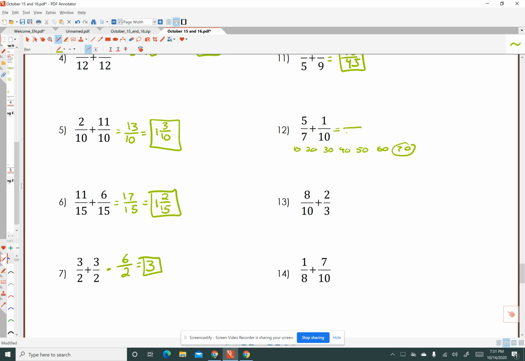So if 7 times 10 is 70, 5 times 10 is 50, plus, and we need 70, so we multiply 10 times 7 to get 70, so we multiply 1 times 7 to get 7, which would equal 57/70ths. And we cannot simplify that any further. Here, our denominator will be 30.